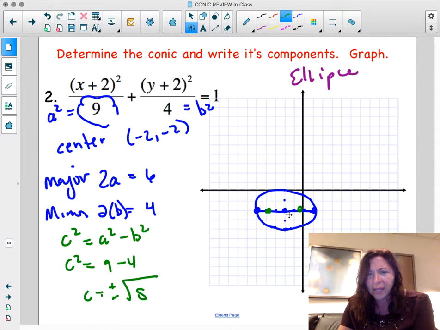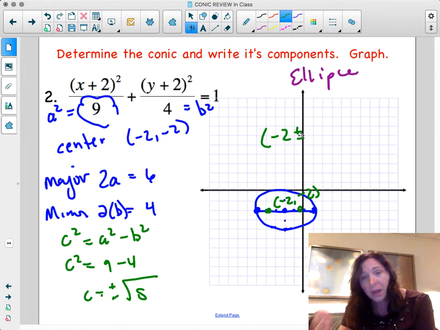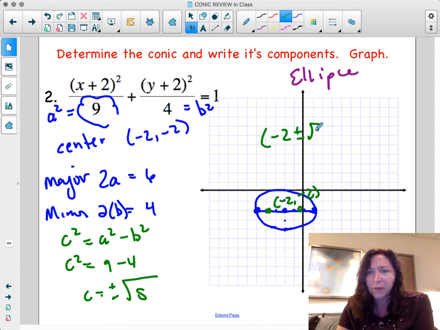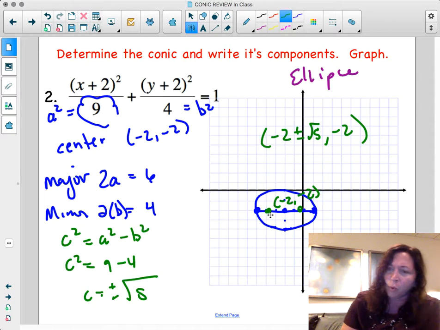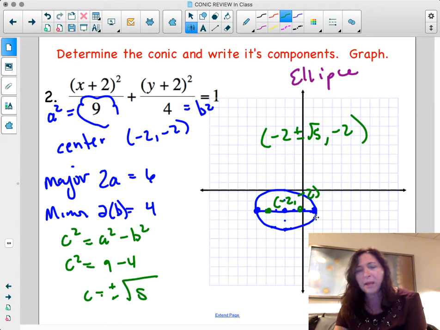So if my center is at -2, -2, my focal points are going to be at -2 plus or minus the square root of 5, comma, -2. That means they're going to go -2 and then more, and then -2 and then less.